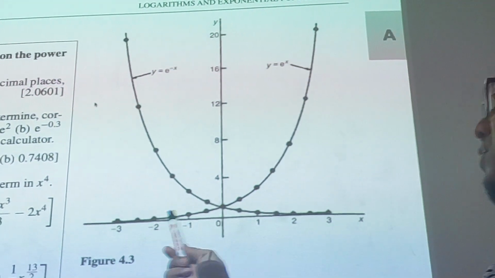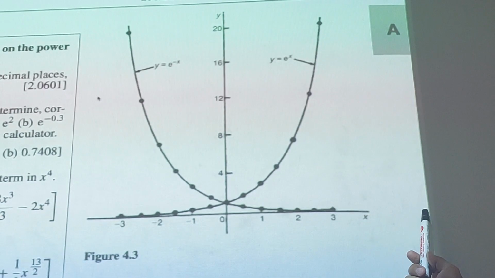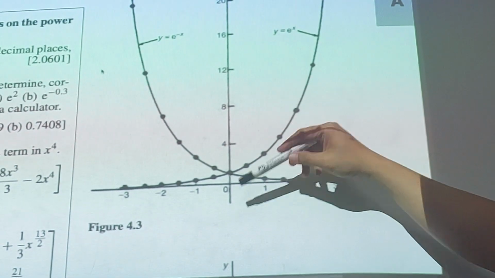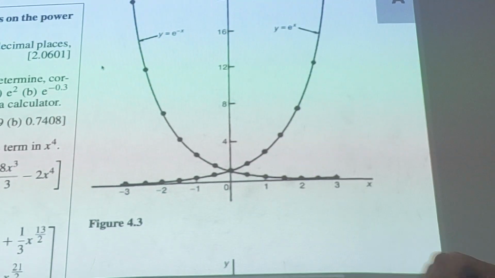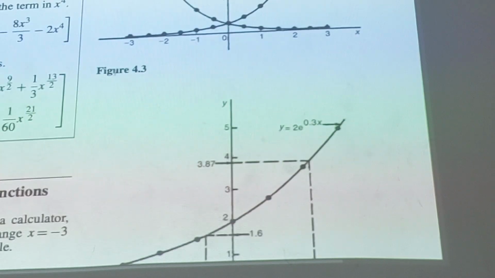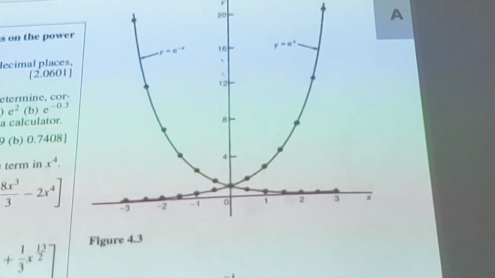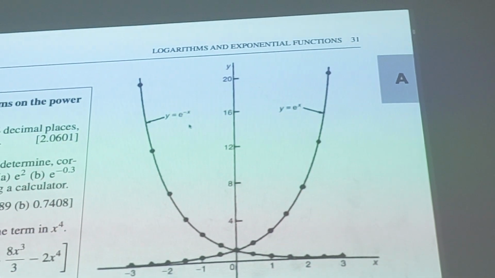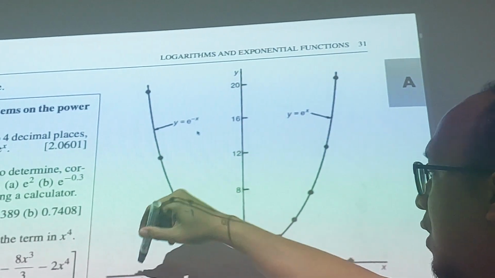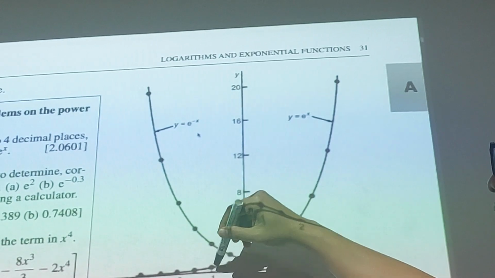So the x axis you can put as the horizontal axis, and the values for a power by x and a power by minus x you can put on the vertical axis, and put every result.